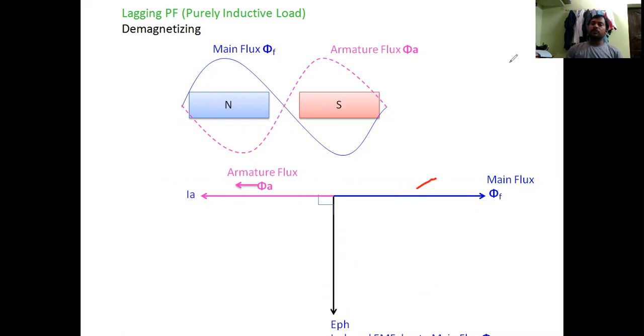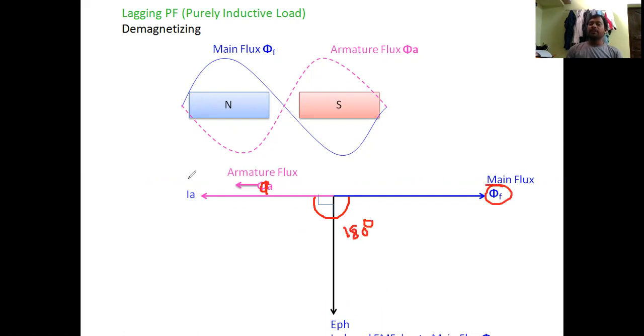But due to the lagging nature, or the purely inductive load, the field flux will cut the armature winding, an EMF will be induced, and the flux will be established after 90 degrees. This flux is the armature flux, and it is purely lagging in nature. That's why there is a 90 degrees difference, so the total phase shift will be 180 degrees.